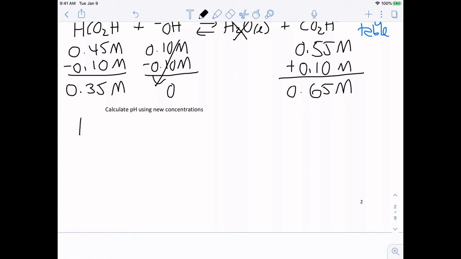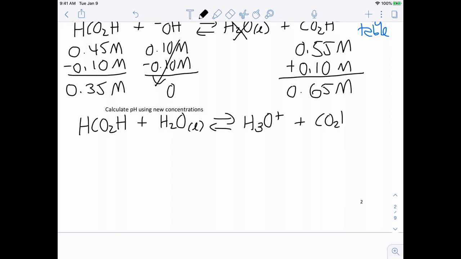So ice table, first thing we need to do is write our acid dissociation equilibrium equation. Remember, that's always acid plus water going to hydronium ions plus my conjugate base. My initial concentrations are my new concentrations, right? We're using the new ones, so that's coming from my change table above.